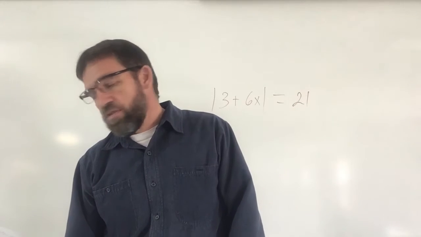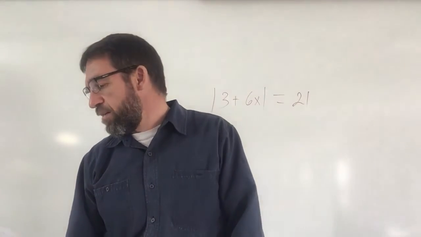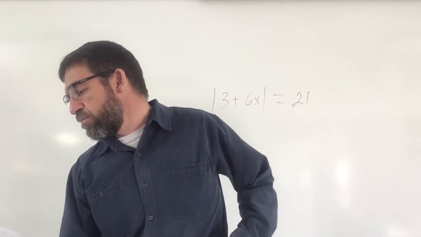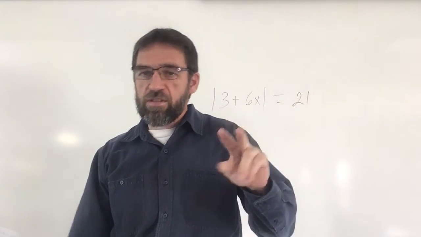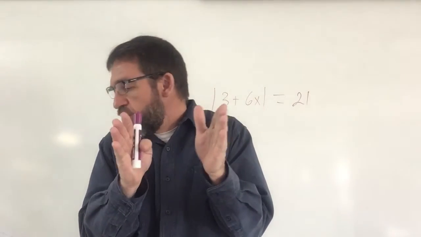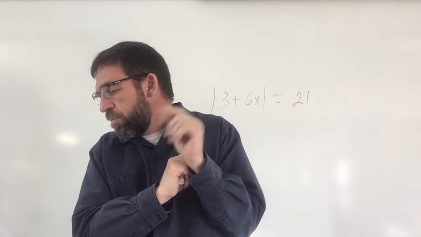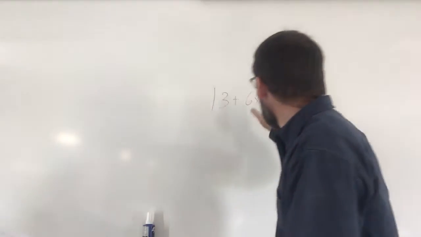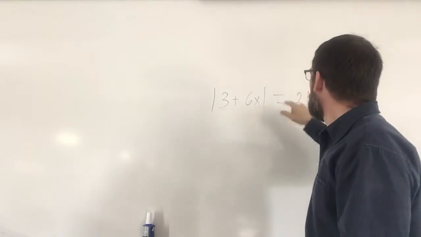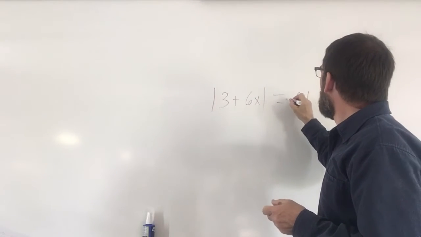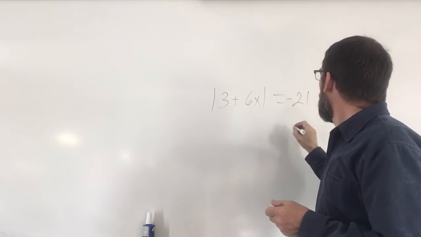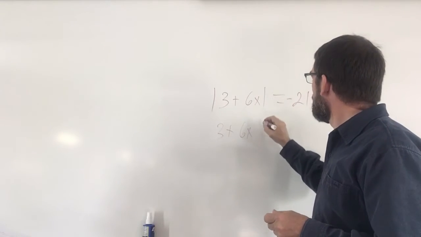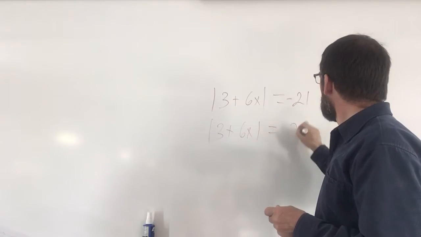And the next step is a little bit different. You need to check that. Number 3, or the third point, use the expression inside the absolute value symbol to form 2 equations. Now you break this apart and you make 2 equations. One equal to the positive value, one equal to the negative value. So when you got it solved down to this point right here, then you have to isolate it, one equal to negative, and then the other one just exactly like this, |3 plus 6x| equals 21 positive.